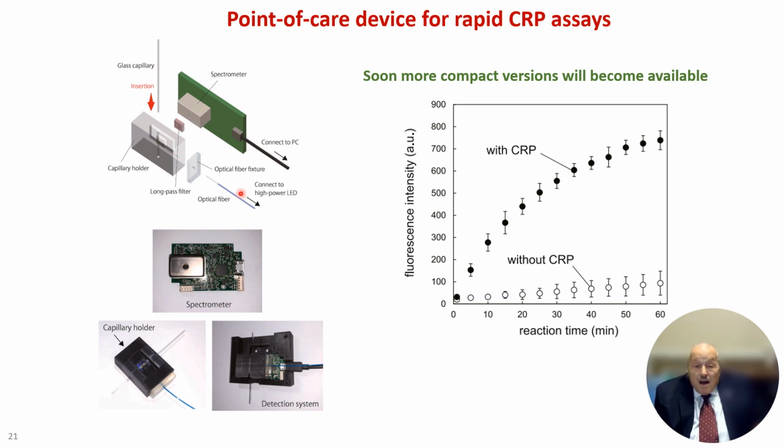It changes a non-fluorescent molecule to a fluorescent molecule, and there are many light sources you can use. You can use a laser light source, or you can use a flat light source by cutting a little 1-inch square out of your TV screen. That would work just as well. So I think we'll see many more point-of-care assays of this type.